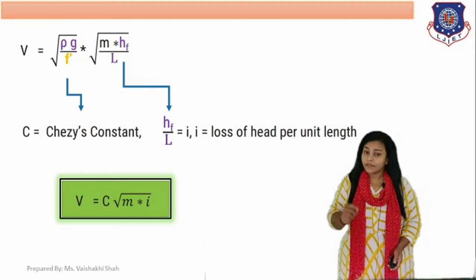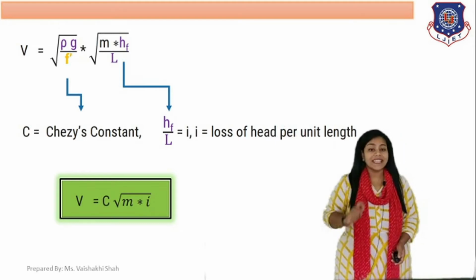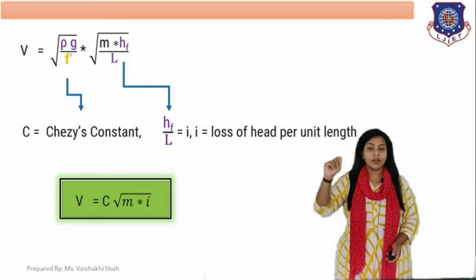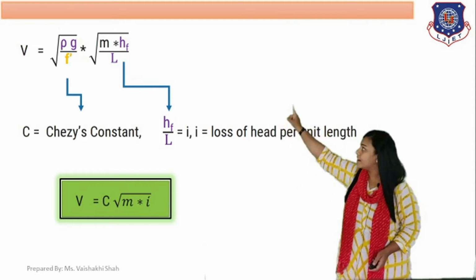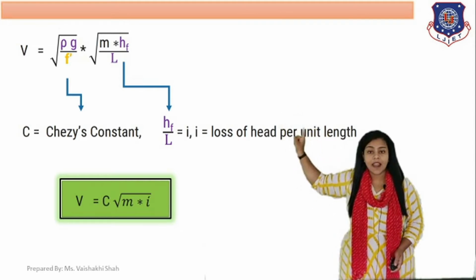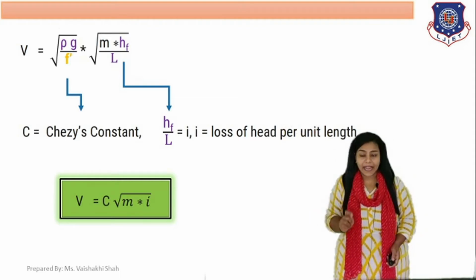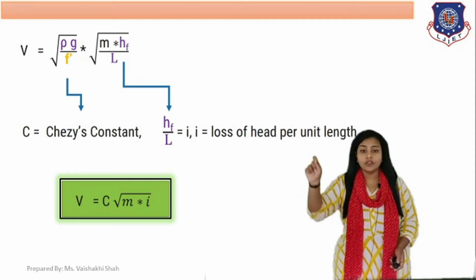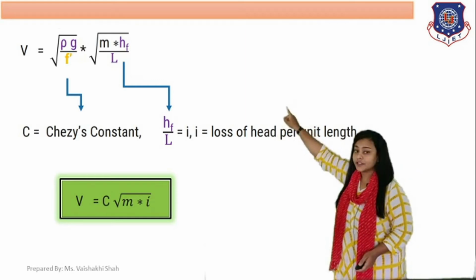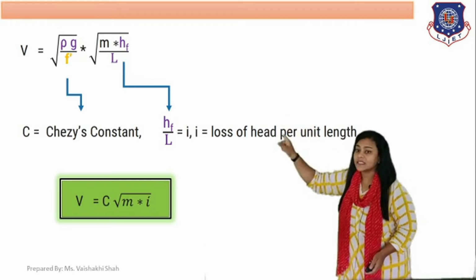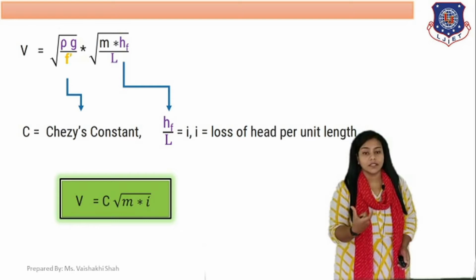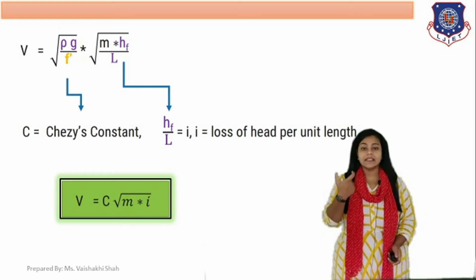What is hf? Head loss. And what is L? Length. So hf by L is the head loss per unit length, which we indicate as i. And under root rho g by f dash, the first term, is Chezy's constant, which we indicate as C.